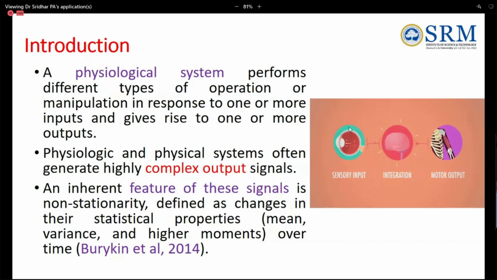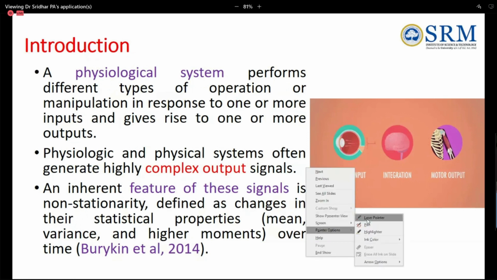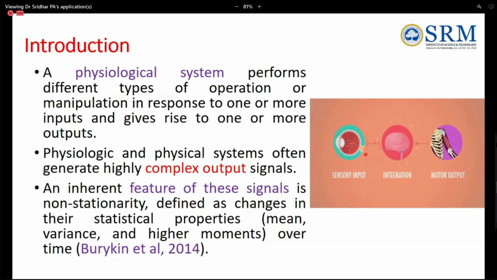So this system is based on a sensory input, integrated with the brain, which then goes into the motor output. This complete system is what we call a physiological system.